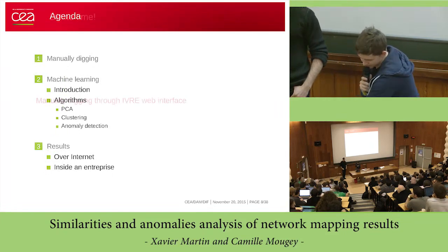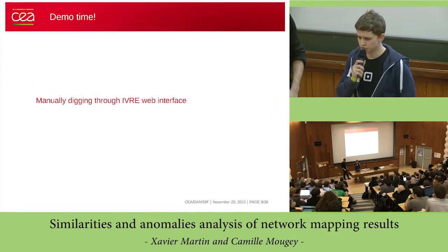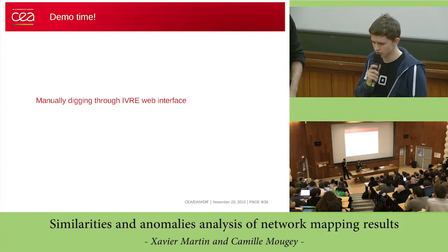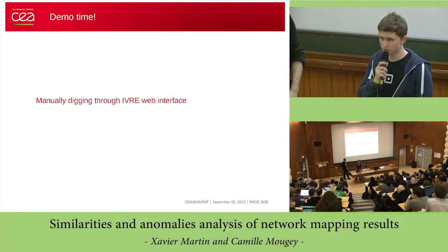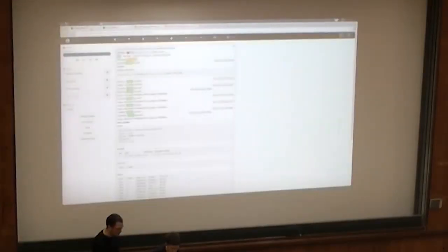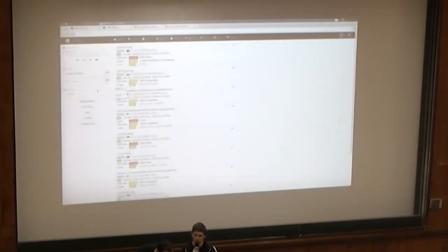I just want to introduce manual digging and show you what we can obtain without the work we've done. This is the web interface of Ivre. There is a workshop on Ivre, so I won't spend much time on it.